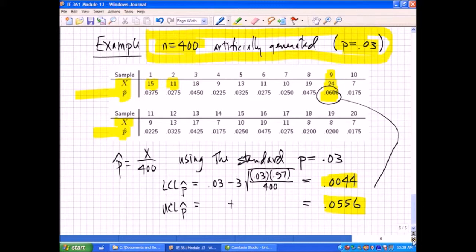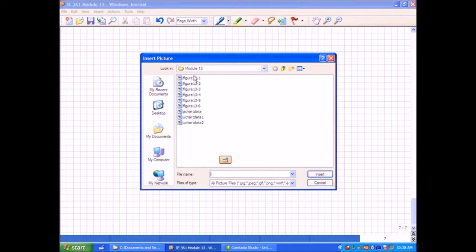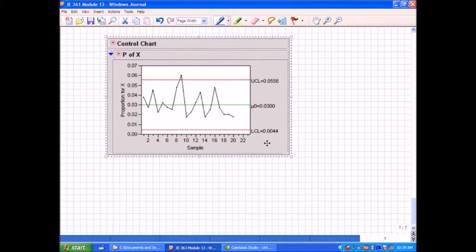Okay, so let me show you what a control chart for this example looks like.